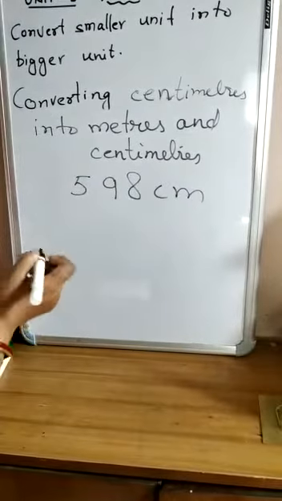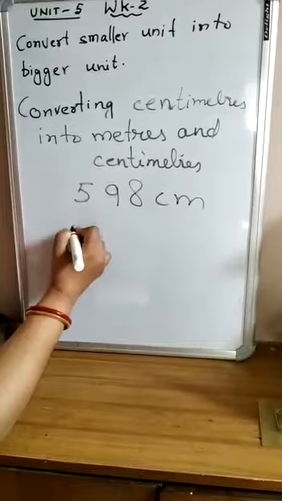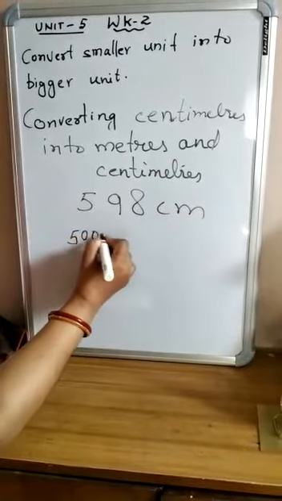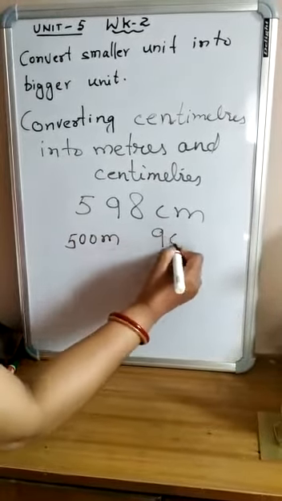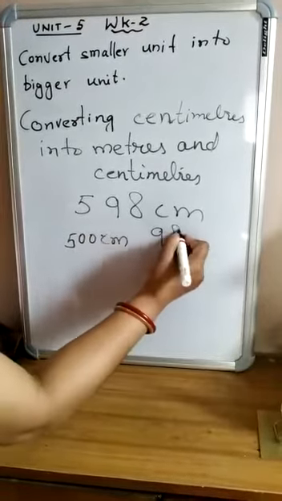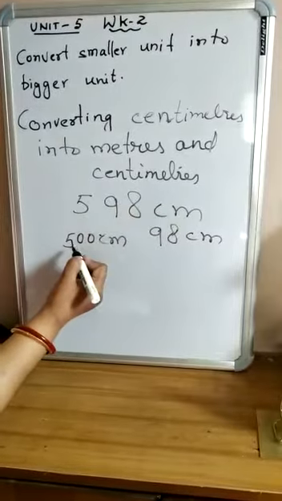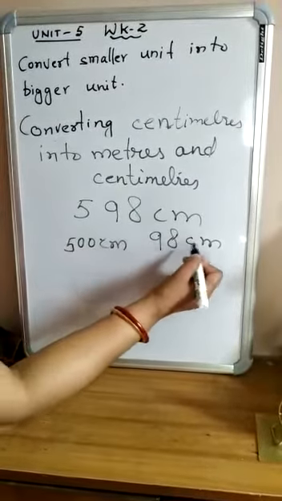What we will do? First step, we split this 598 centimeter. This 598 centimeter can be written as 500 centimeter and 98 centimeter.